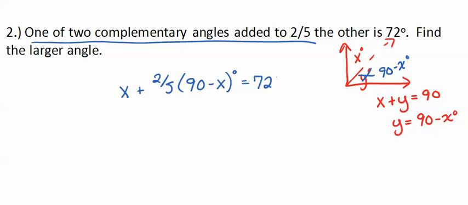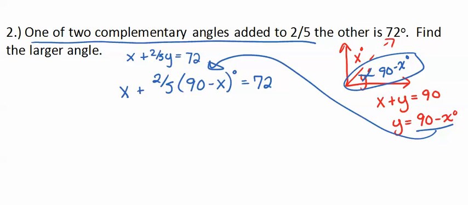Without changing it, it would be one angle plus 2/5 of the other, so X plus 2/5 Y equals 72. What we did there, again, is change this angle and then use substitution in order to solve. You can distribute the 2/5.